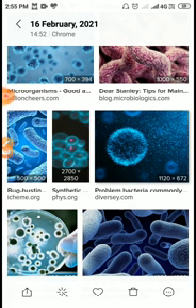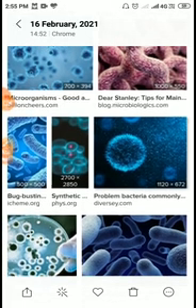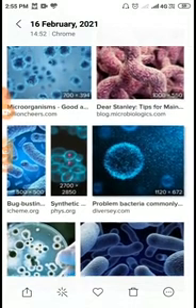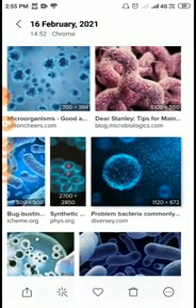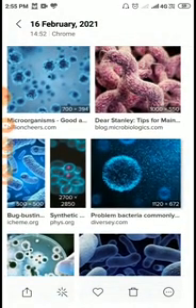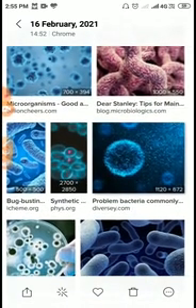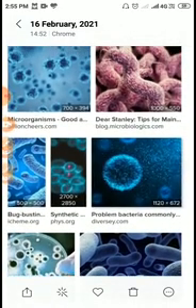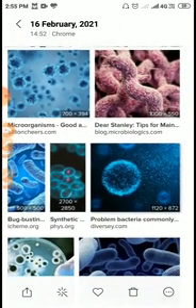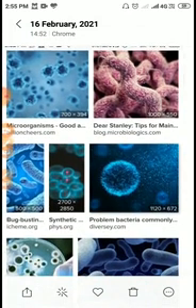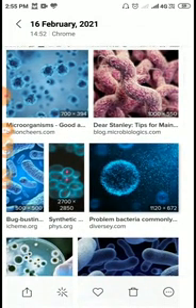You are looking here at different types of bacteria. Some bacteria are round shaped, some are rod shaped, some are spiral, and some are comma shaped. So there are many shapes of bacteria, and they will be either beneficial or harmful.